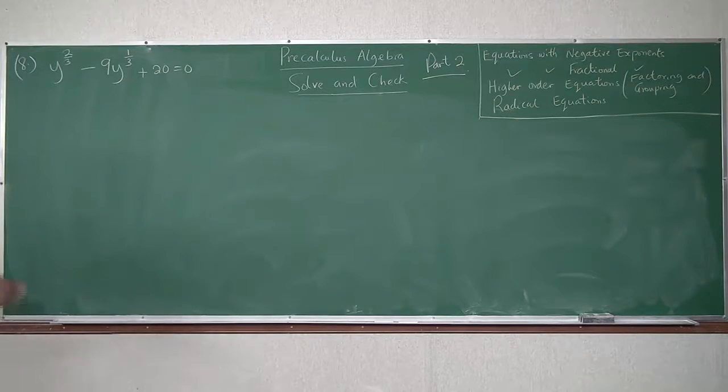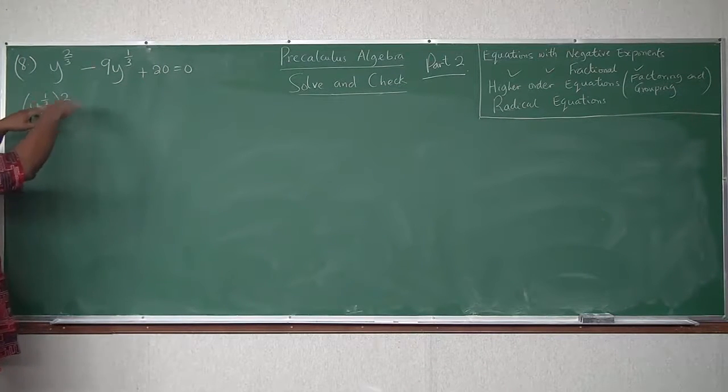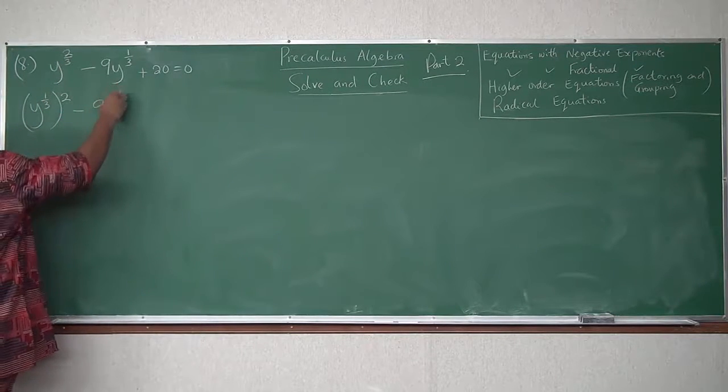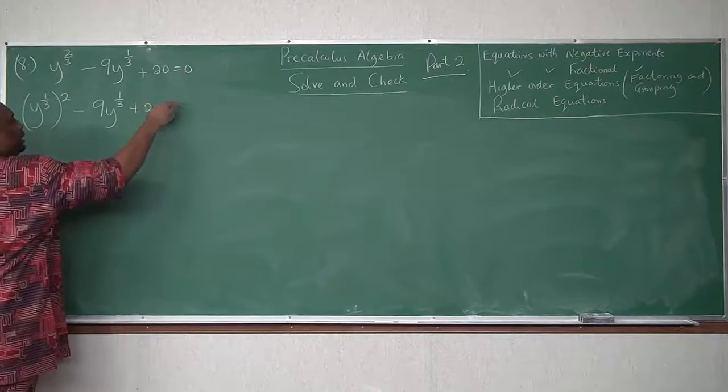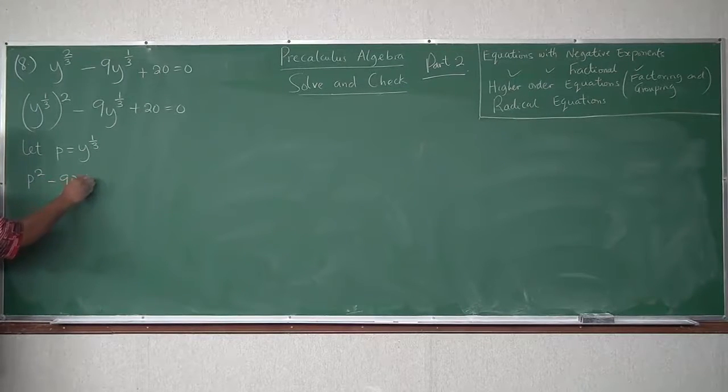You could write this as y to the 1 over 3, times 2, by the laws of exponents, because 1 over 3 times 2 gives 2 over 3. Now let p be y to the 1 over 3. So we have p squared minus 9p plus 20 equal to 0.